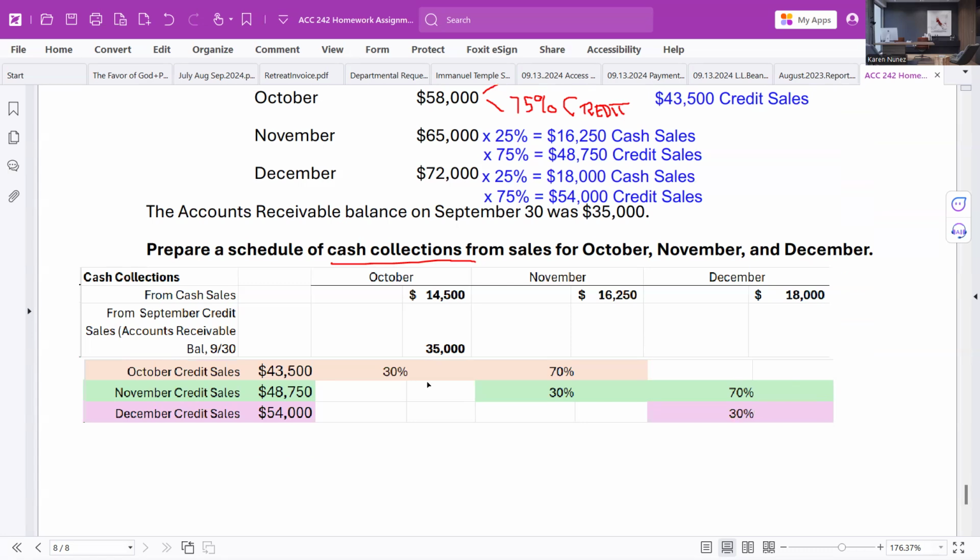So let's go ahead and show the total amount that we're going to be collecting in the month of October. So those October credit sales, let's see.